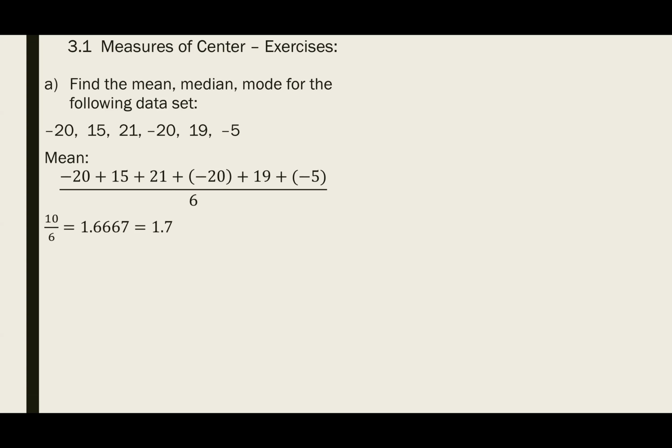And to find my median, reminder, the most important thing about the median is that the first thing you need to do is put the data in some kind of order. For me, I put them from smallest to largest. And all you need to do is go in and mark them out. As you can see, we have 6, which is an even number.